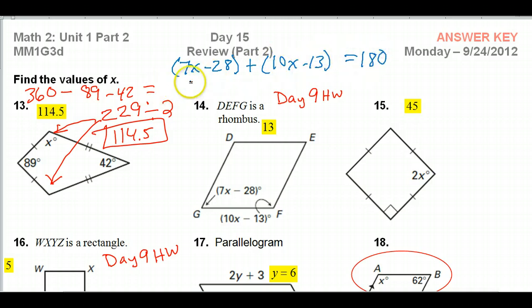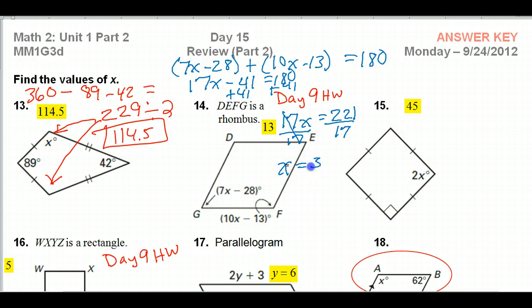So if you combine your like terms, you got 17x minus 41 equals 180. If you add 41 to both sides, 221. So 17x is equal to 221. And then if you divide both sides by 17, that's how we got x equals 13.